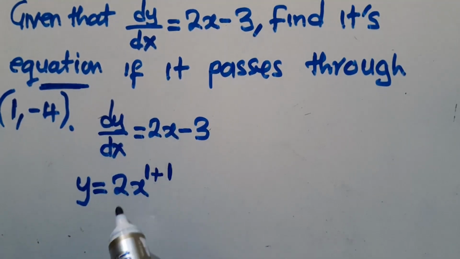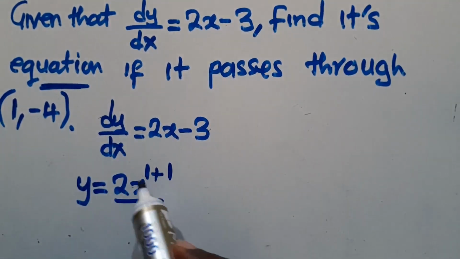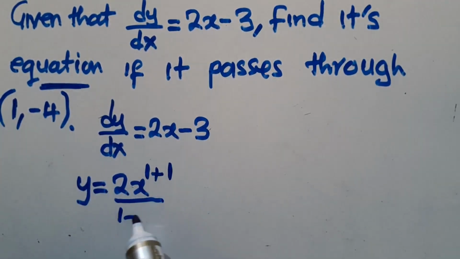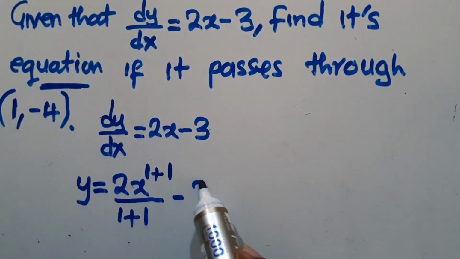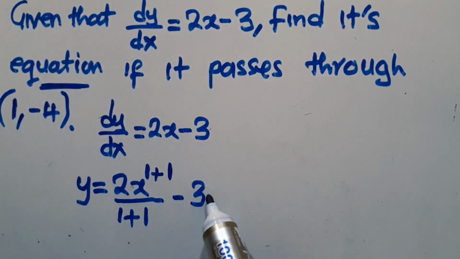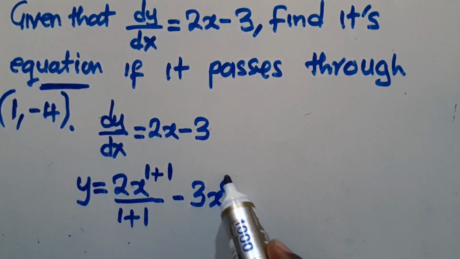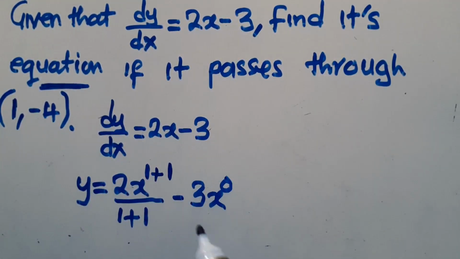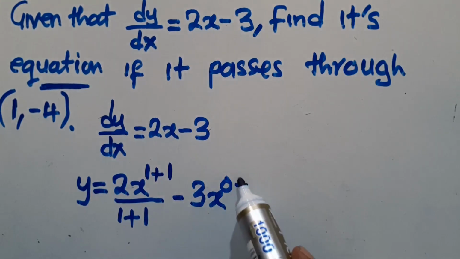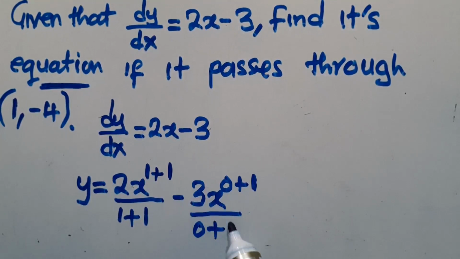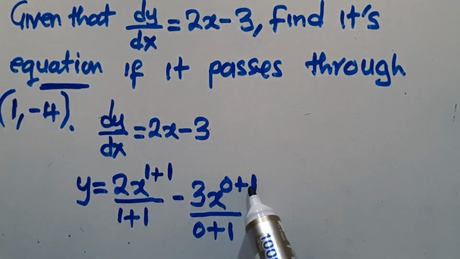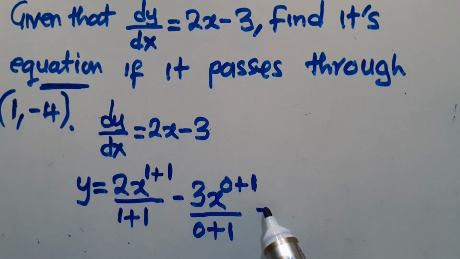This is how we integrate: the new power comes down, 1 plus 1. Minus, I told you that if there is a number like 3, it means there is x raised to the power 0. You say plus 1, even here 0 plus 1. Then you say plus c.